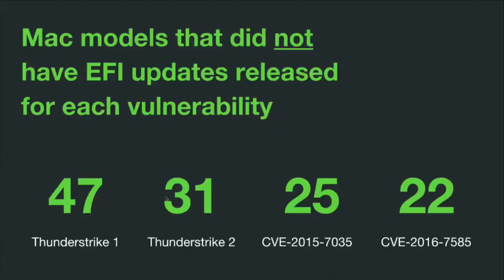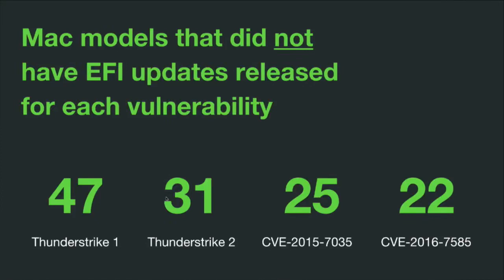And these big numbers here now are the number of models that did not receive an EFI update to address these vulnerabilities. So Thunderstrike 1, which is the oldest one discussed, there were 47 models of Mac that never received an EFI update to address that vulnerability. 31 for Thunderstrike 2, 25 for Xenocova's misuse of unused EFI functions, and 22 for Ulfrisk's DMA attacks.